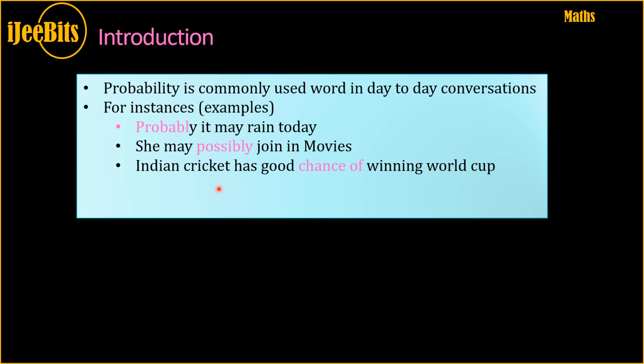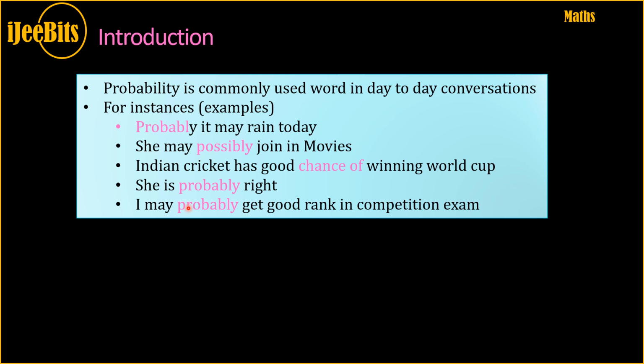What we are saying is a chance of winning the World Cup. There is some certainty, some uncertainty, sure and unsure kinds of things conveyed in the statement. She is probably right. You are saying most likely what she is telling is right, but you are not saying that she is right, isn't it? So this is how you can infer probability.